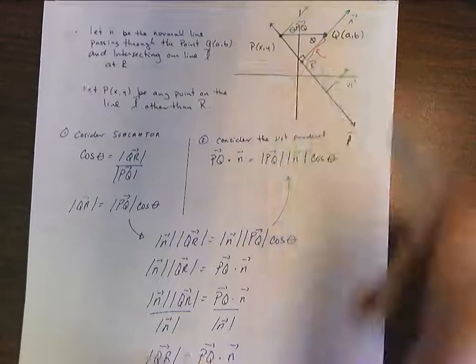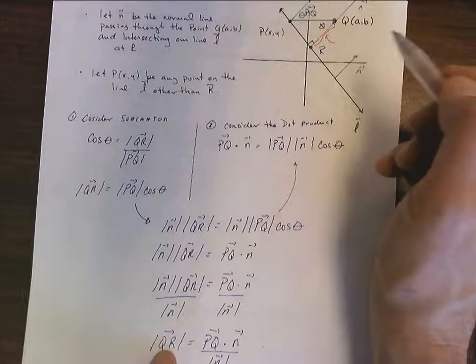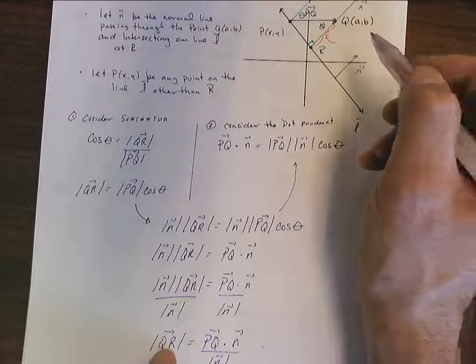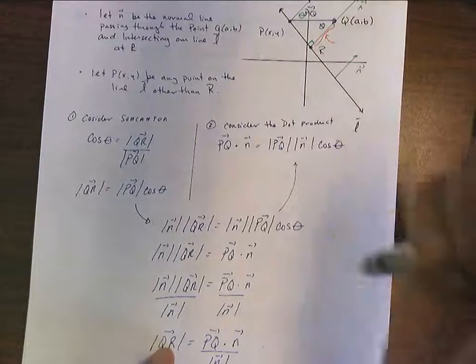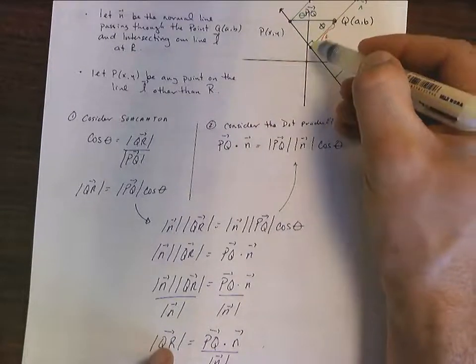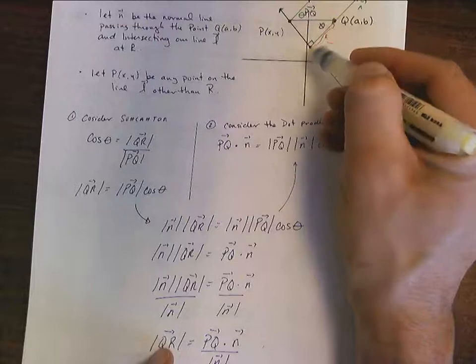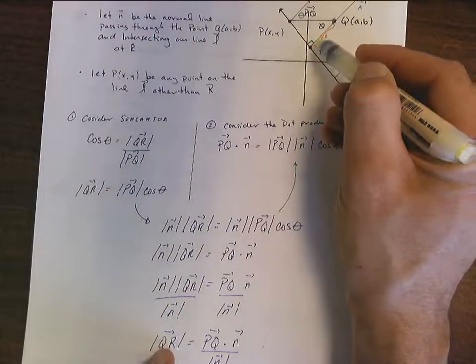It happens to go to R. So QR is the shortest distance between this point and the line. Well, we also call that something else. In vectors, we look at this vector and we call this the projection of this vector onto this line. It's sort of the same concept of a component.